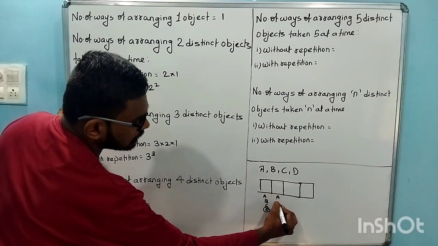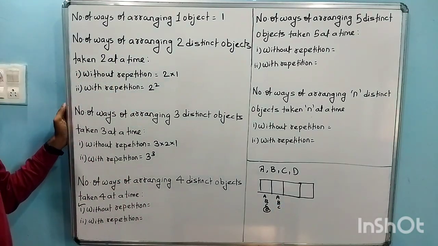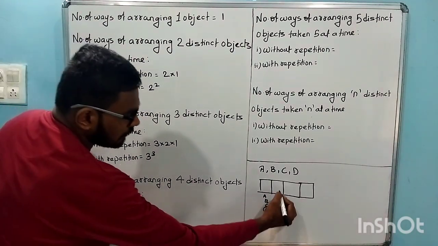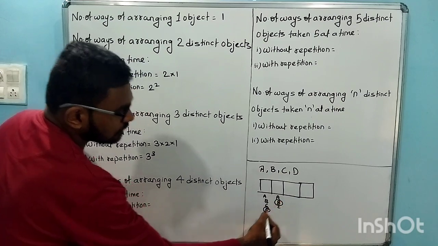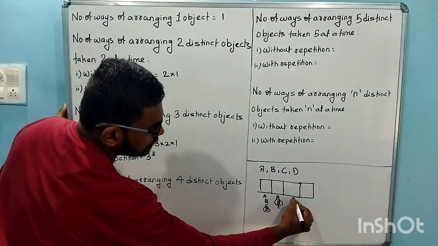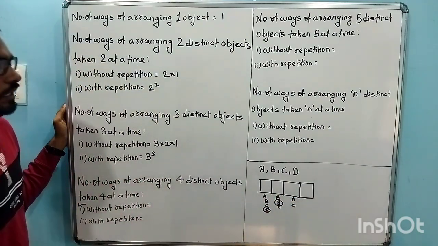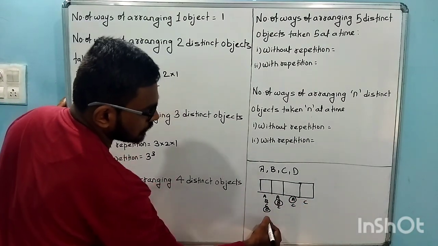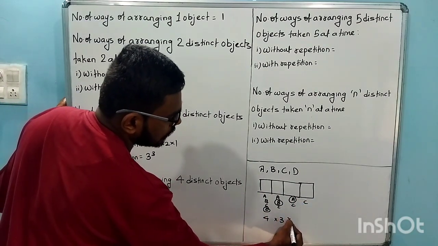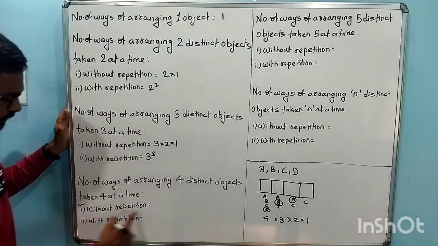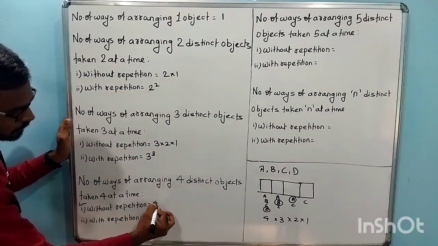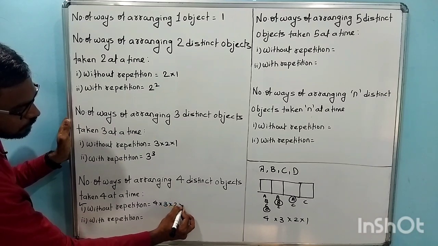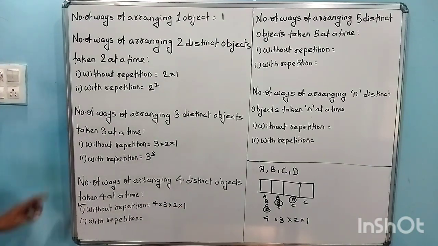So for the second place we have 3 choices. Now if we select any one of these, for the third place we can't select it. So we have 2 choices. If we select any one of these, then for the fourth place we have only 1 choice. So 4, 3, 2, 1 if the repetition is not allowed, or without repetition.